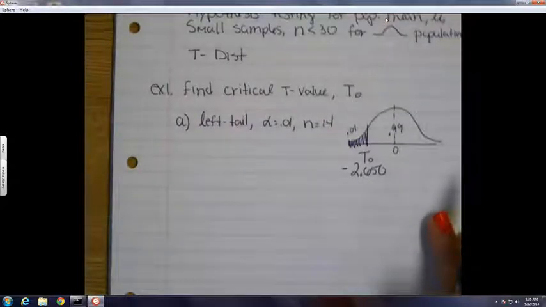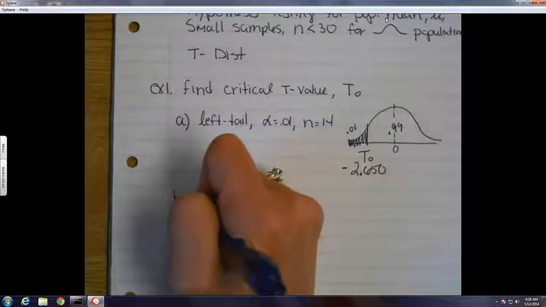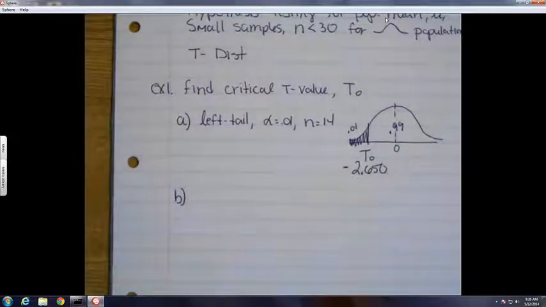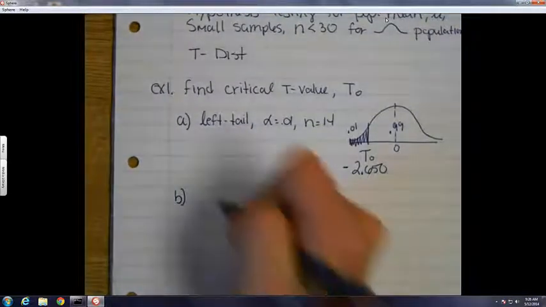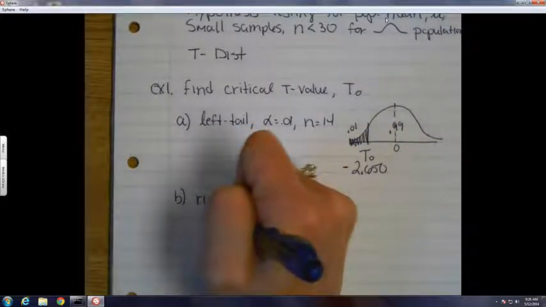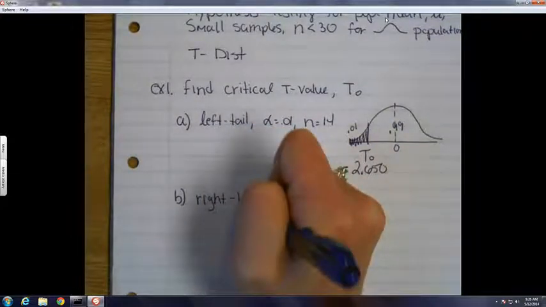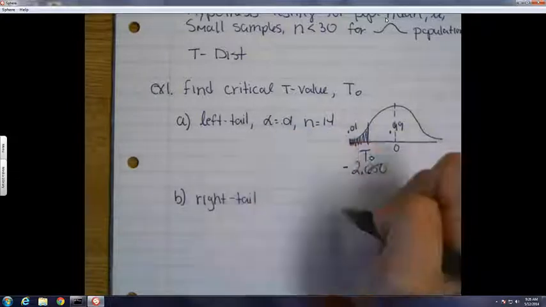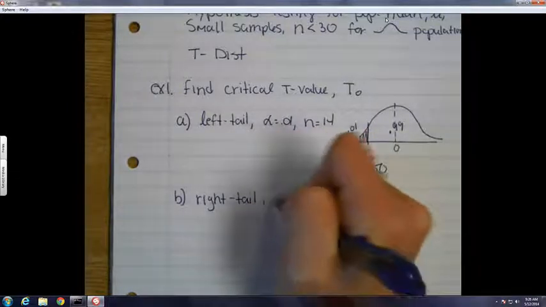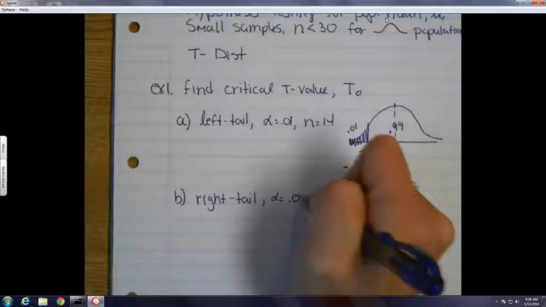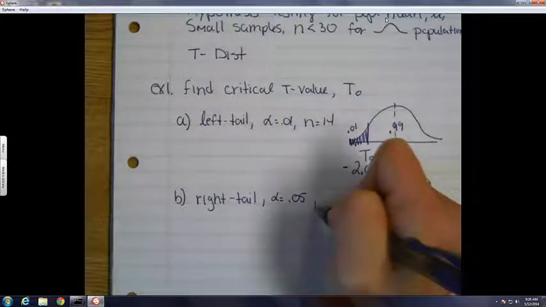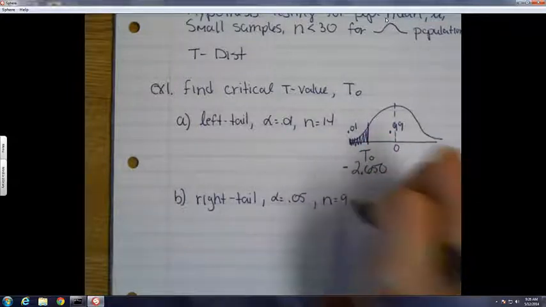Let's try right tail. Alpha equals 0.05. N equals 9.